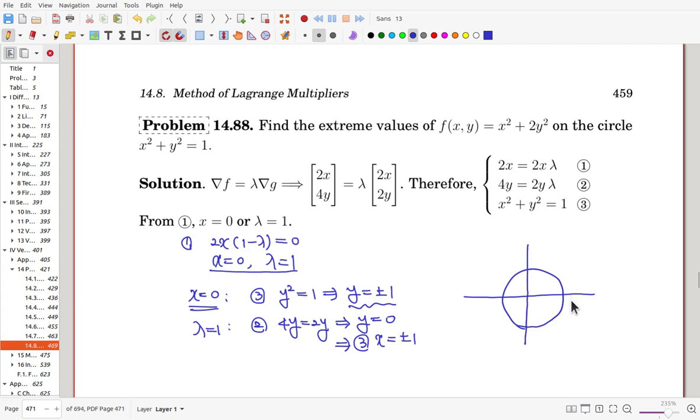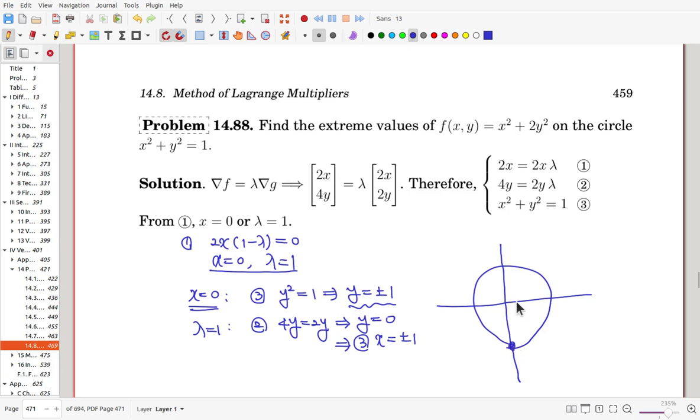That is radius 1. Okay, let's try to draw that a bit better way. Is it better? Looks like an alien. Okay. Now that's 1. So once x is 0, then it's the vertical axis, and y is plus minus 1.